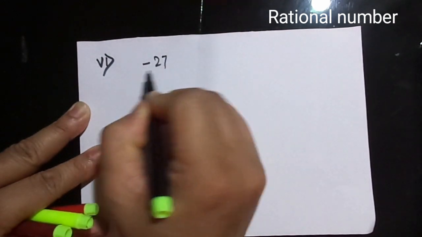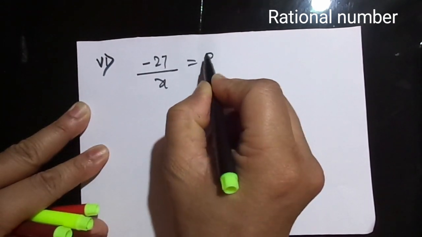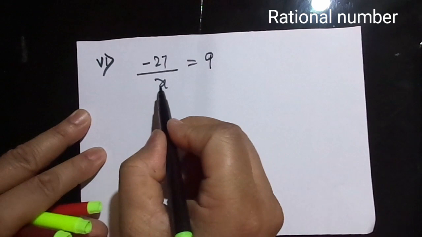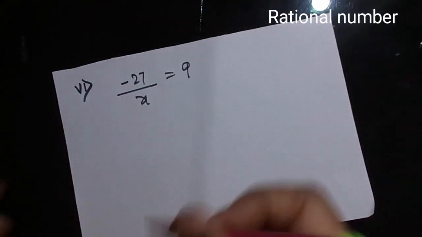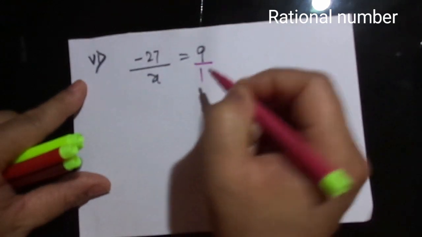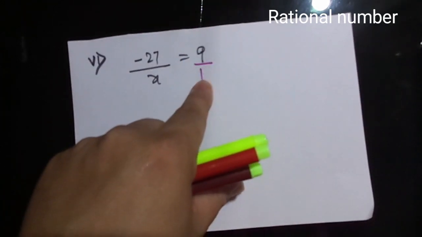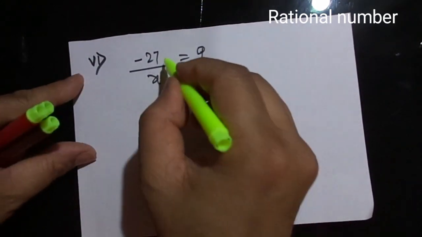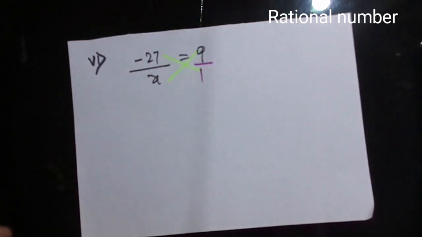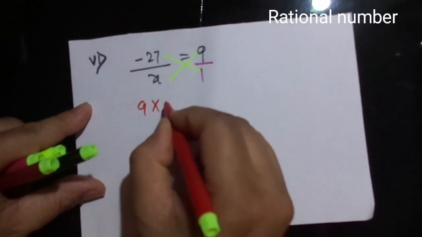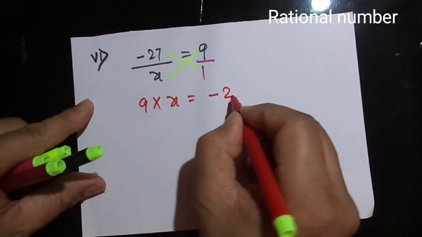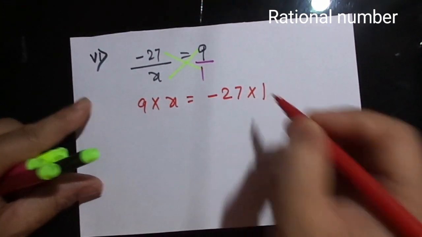Minus 27 by x is equal to 9, and I need to find the value of x. As I said, the denominator over here is 1. Let's cross multiply it. When I cross multiply, I get 9 into x will be equal to minus 27 into 1.